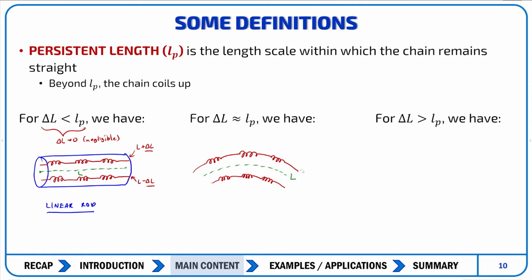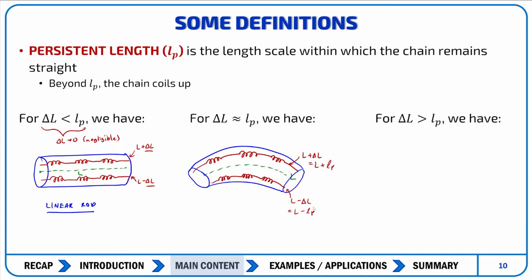It's like this, like that. So at this point, we have L plus delta L, or basically this is equal to L plus LP. And then here we have L minus delta L, which is equal to L minus LP.